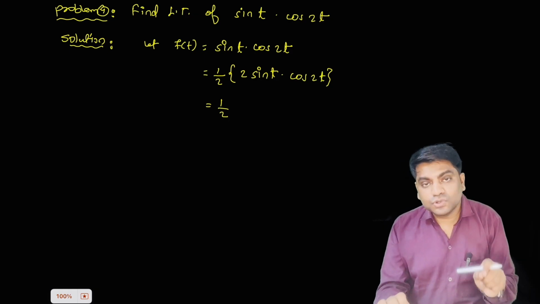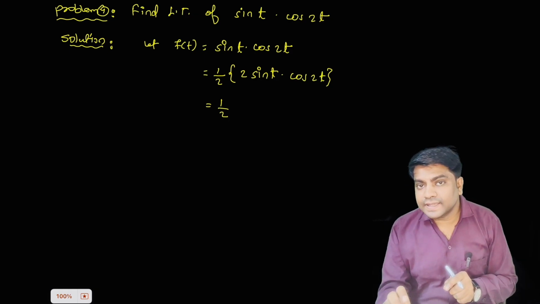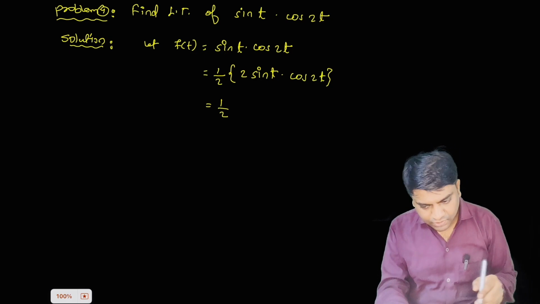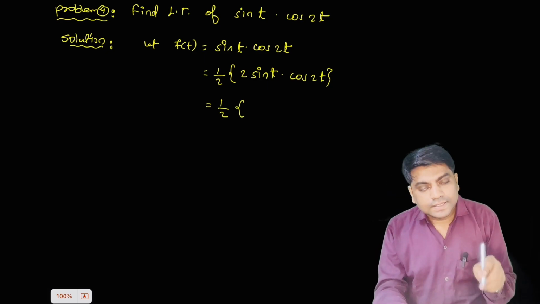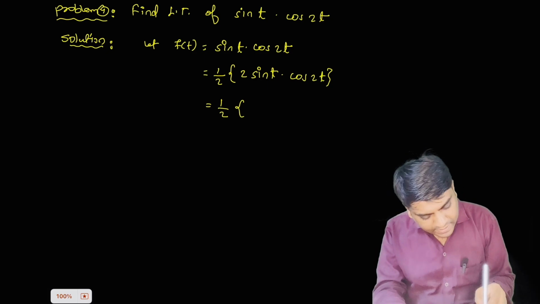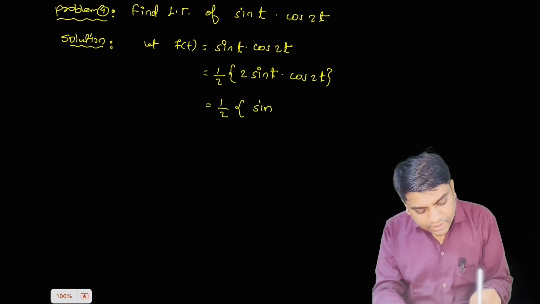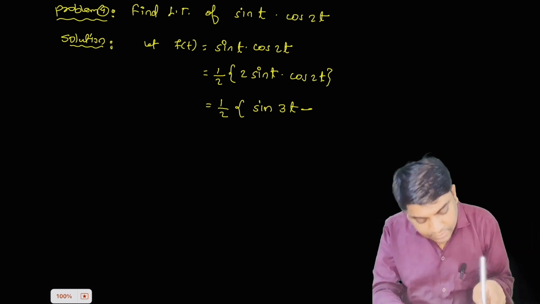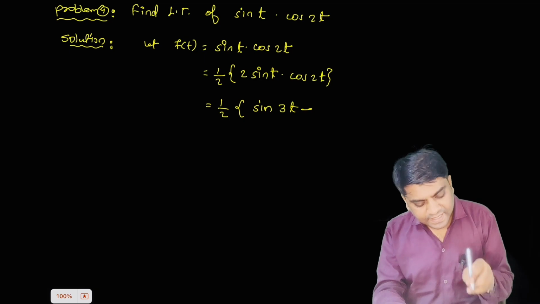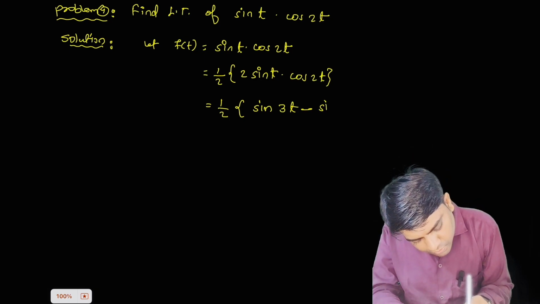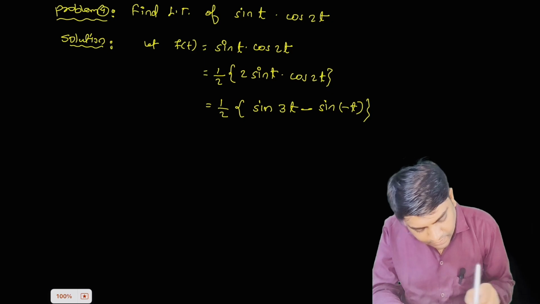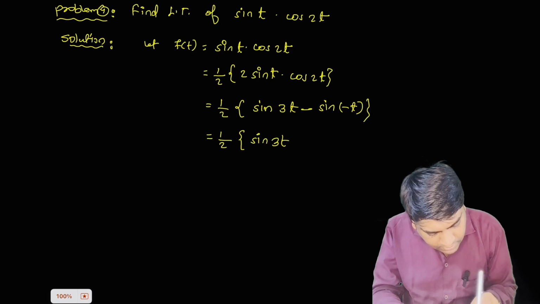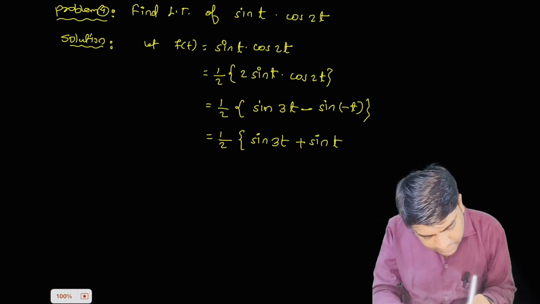Here the theta, that is t, we consider as a, and cos 2t as b, and similarly we can consider 2 cos a sin b, which is equal to sin a plus b, so I can write here sin t plus 2t, that is 3t, minus sin a minus b, that is t minus 2t, which is equal to sin minus t. Okay, so I'll get 1 by 2 sin 3t plus sin t.